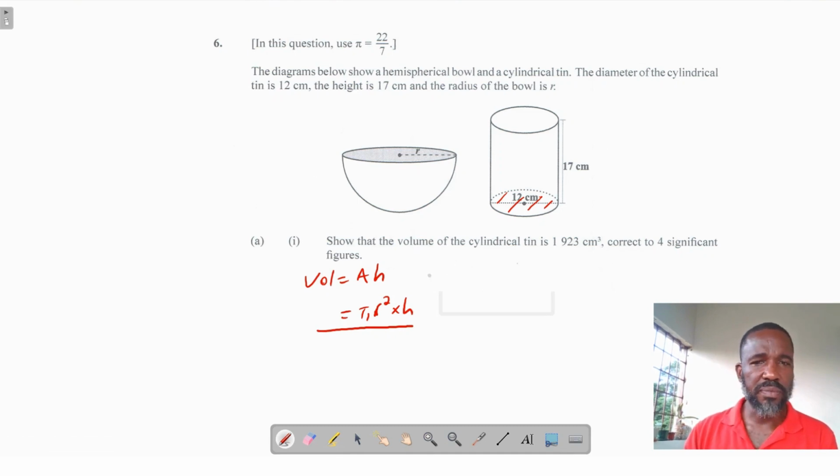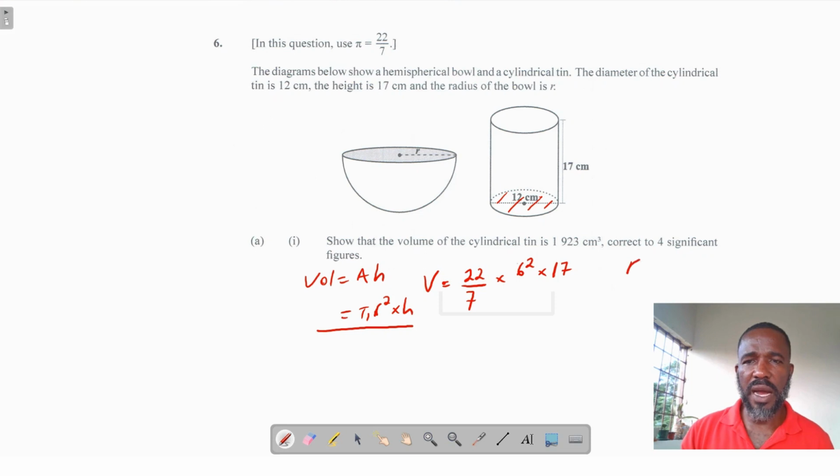We are told to take pi as 22 over 7. So V is equal to 22 over 7 times, now the diameter of the cylindrical tin is 12 centimeters, so the radius is going to be 6 centimeters, squared, times the height, which is 17.